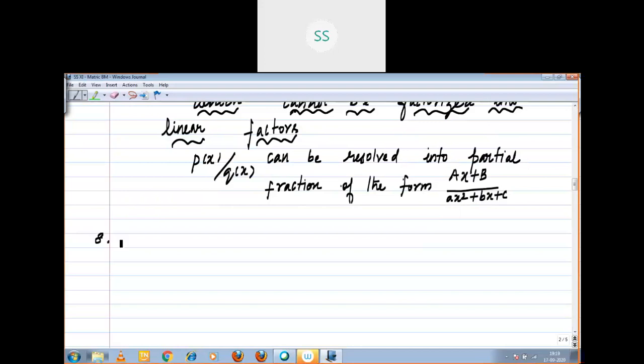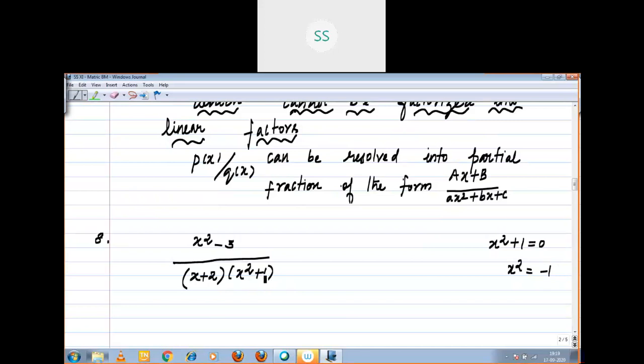See here, question number 8, x square minus 3 divided by x plus 2 into x square plus 1. You may ask how it cannot be factorized, miss? Because when you equate with 0, what can you get? X square equal to minus 1. If minus 1 comes on the right hand side, you cannot take a square root, because the square root of a negative represents a complex number.